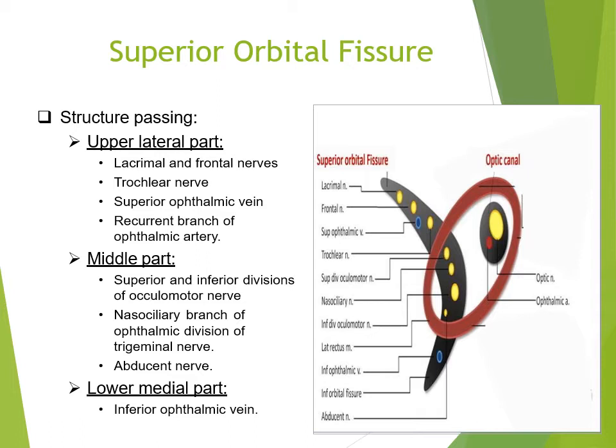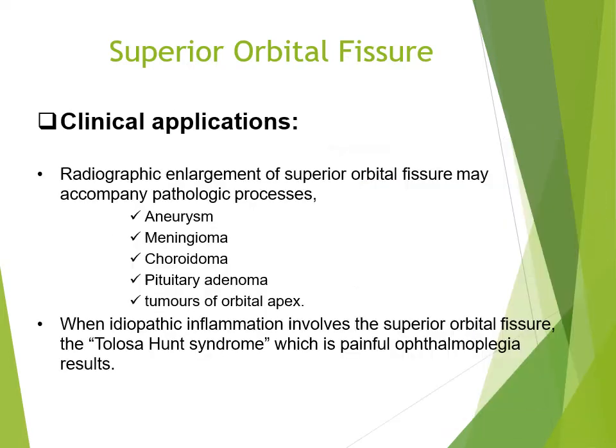The structures passing through this are important, because with any inflammation at the apex, all these structures are involved, and it leads to restricted movement of the eye.